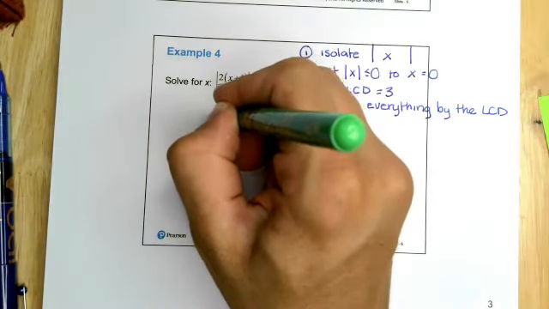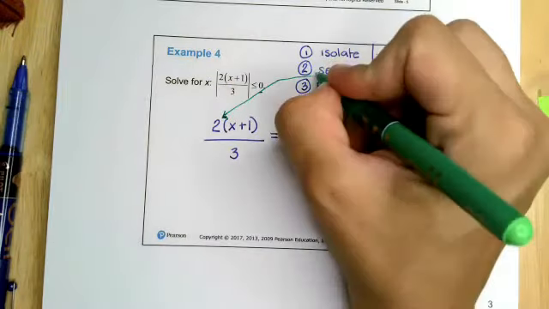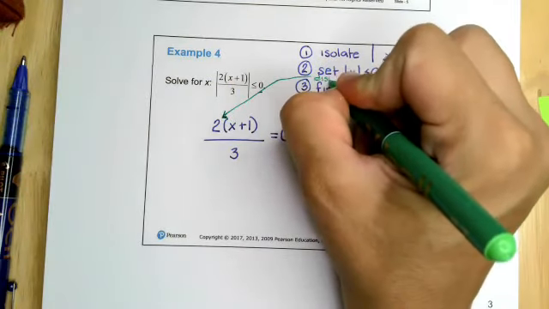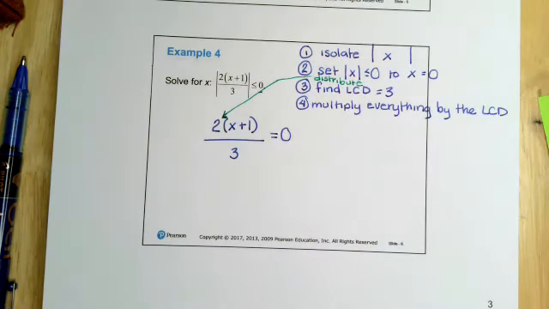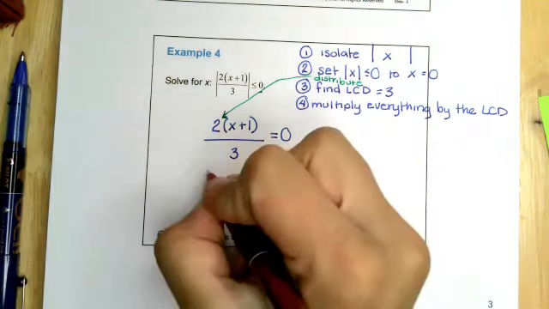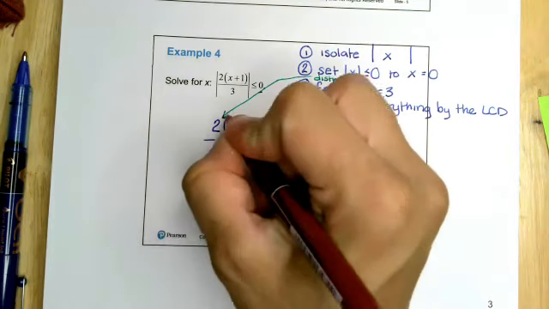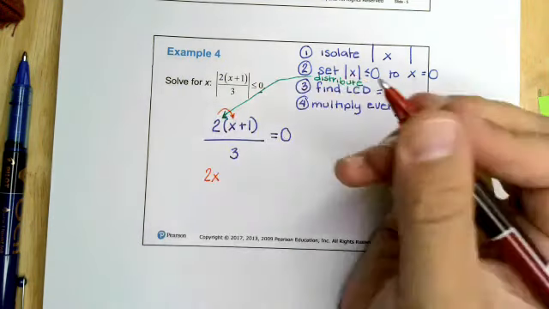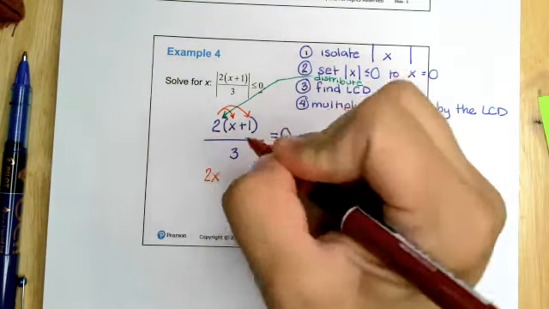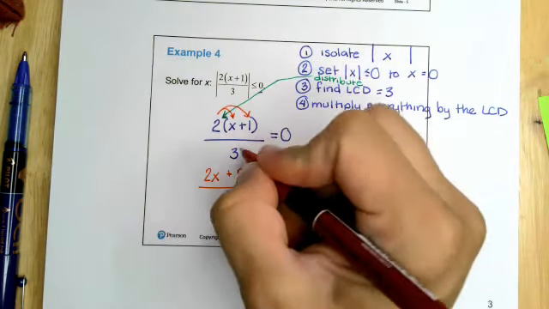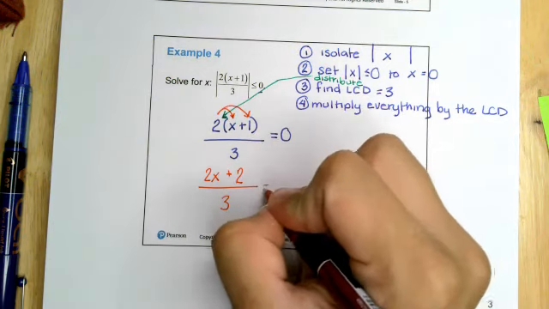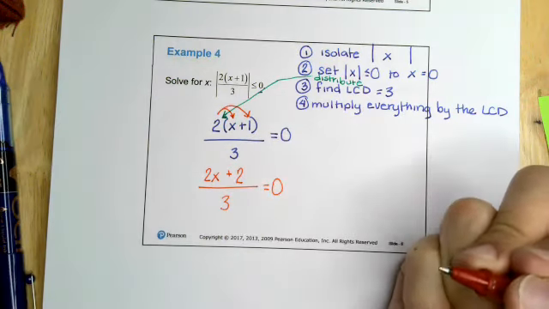I was making my list before I looked at my problem. All right, distribute anything in through the parentheses. So I'm going to rewrite it before I multiply everything by 3. 2x, because 2 times x is 2x. And then plus 2 times 1 is 2. 3 stays the same. 0 stays the same.